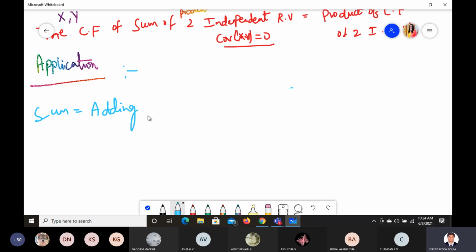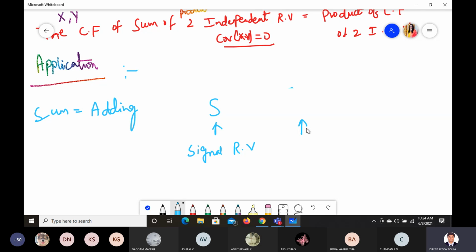So we have a signal random variable. Let us say we have x, a signal, and this is a random variable, and this is independent of the independent random variable noise.